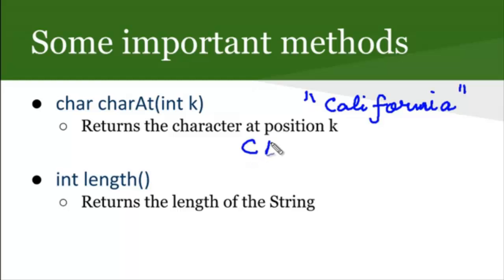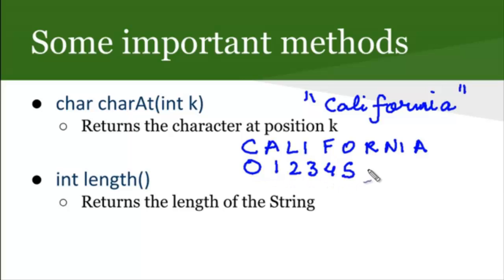So California. 0, 1, 2, 3, 4, 5, 6, 7, 8, 9. So the numbering starts from 0.